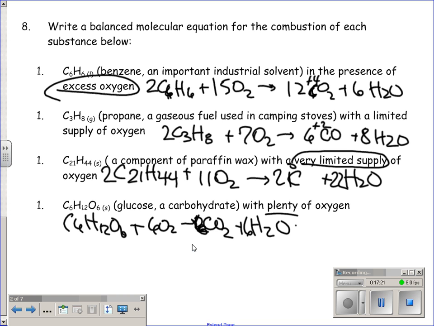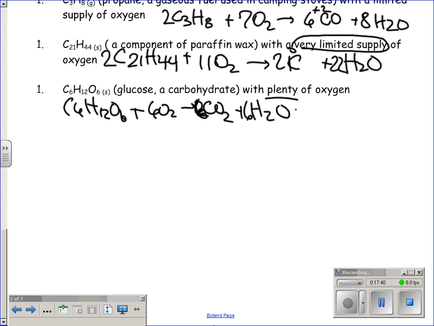All right, ready? The sun and the rain. Come on, let's start over. Say it with me. The sun and the rain and the CO2 makes food and oxygen for me and you. So, what is the photosynthesis equation?